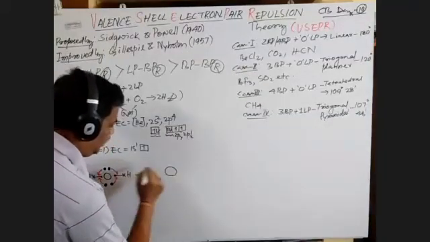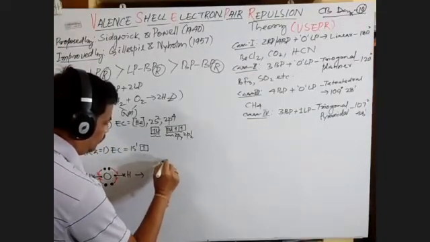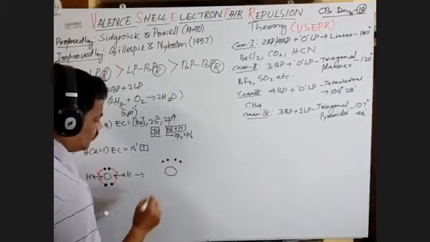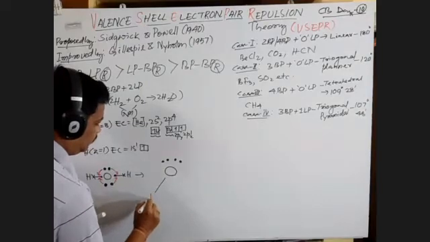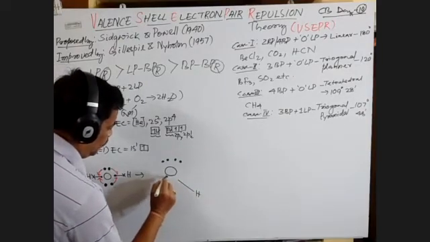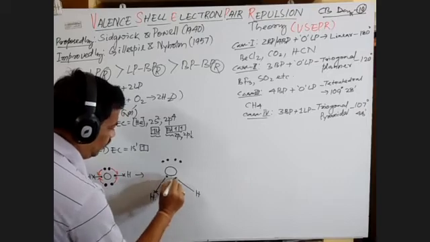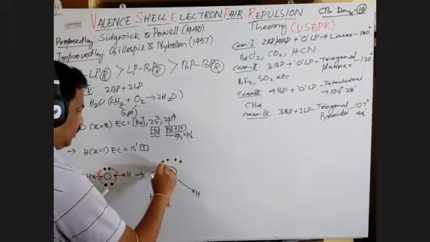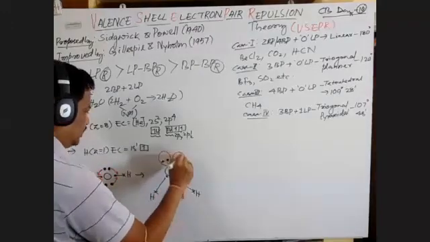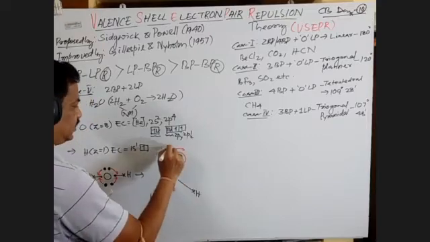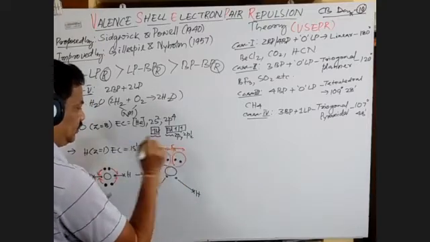This is oxygen, this is one lone pair, and this is the second lone pair. This is one hydrogen and this is the second hydrogen, with a bond pair of electrons. So these lone pairs occupy more space and they repel each other.